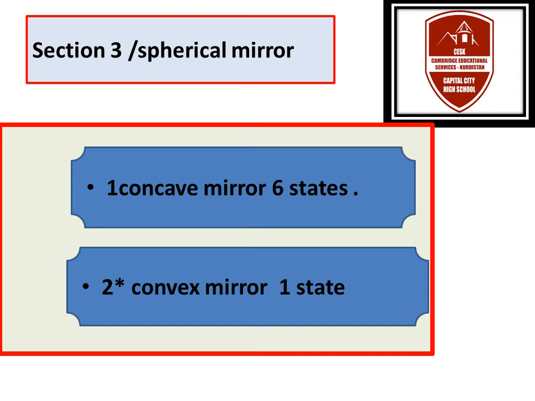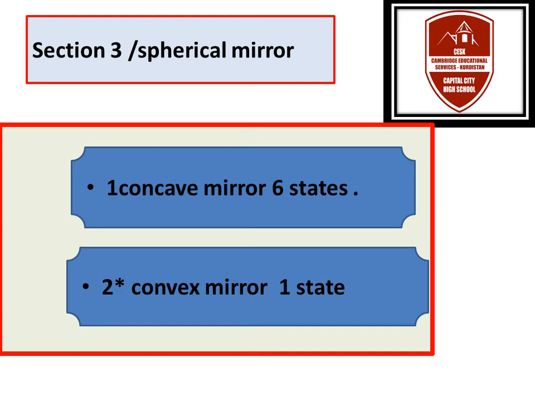Here, section 3, we studied section 3 carefully. I think we studied convex mirror and concave mirror. We said a concave mirror has 6 states, and a convex mirror has 1 state. If you remember, with the concave mirror, in the 5th state there is no image.